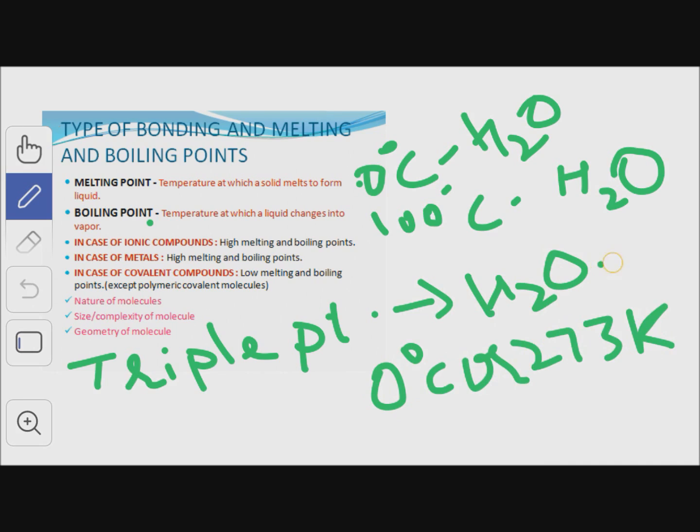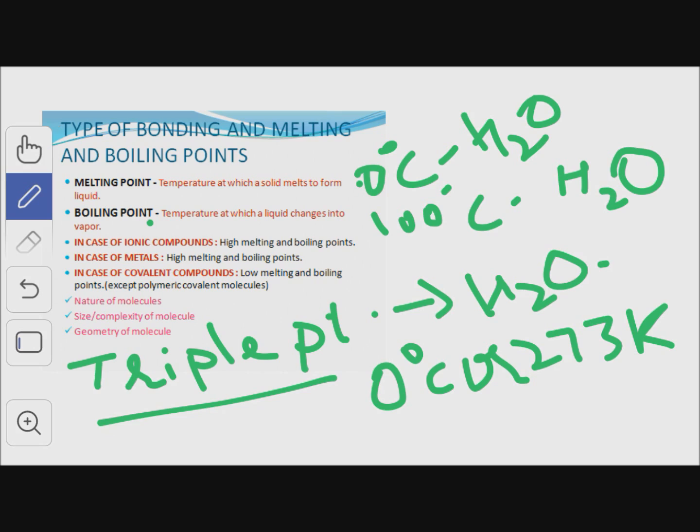It exists in the form of solid ice at 0 degrees Celsius, which is the freezing point of water, and this is also the melting point of water. It exists in a liquid form, and at 0 degree Celsius or 273 Kelvin, it also exists as water vapors. It means water exists in all three states simultaneously at one temperature, and that temperature is called the triple point.